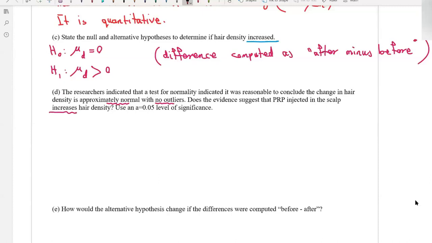In part C we had increase, and here also we have increase, so we're going to use the same null and alternative. And we have to use this alpha. I wrote A here, but that is alpha, not A. So alpha is 5% level of significance.